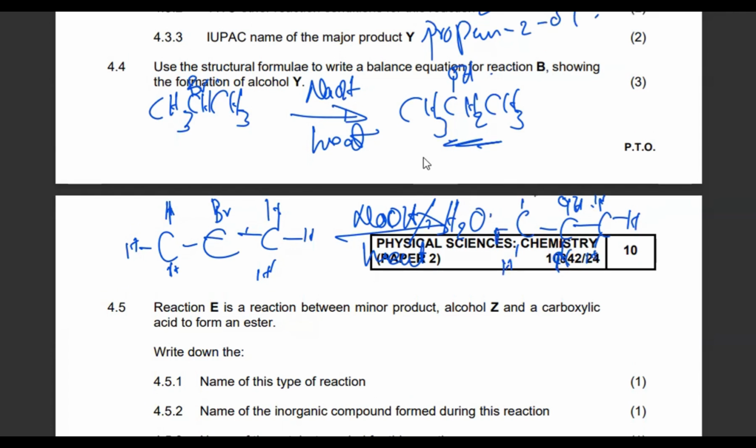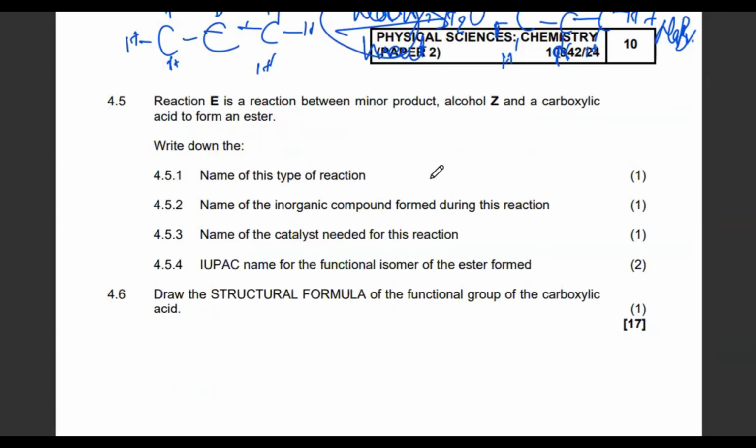That's how it's supposed to be. Then, because the base took the bromine away, plus sodium bromide. It depends on which base you have used. If it is lithium hydroxide, it is lithium bromide. If it is potassium, potassium bromide. So basically that's how you're supposed to answer that.